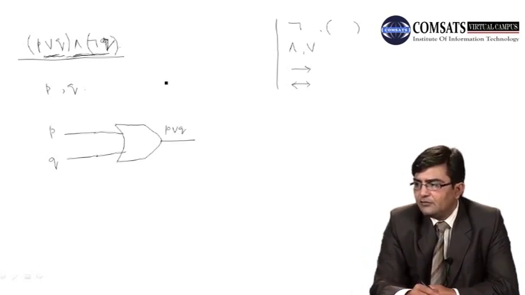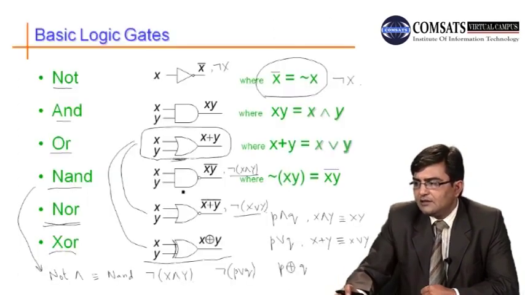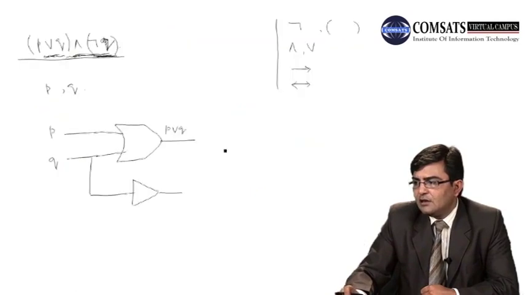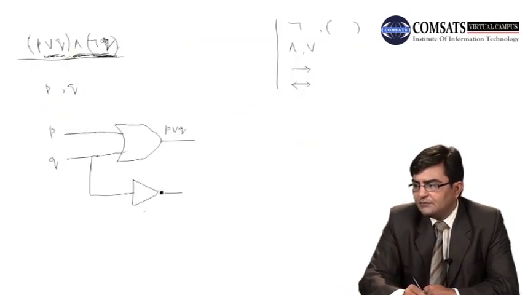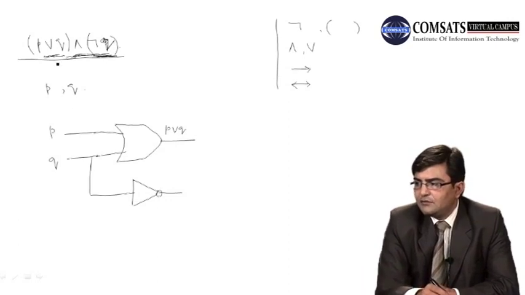Now another we have is NOT Q. Preference is given to the NOT Q, and then we draw another line from here, and we draw a NOT operator here, which is this. The form of the NOT operator is this, whose output has a little circle drawn. Now we have two expressions here which are connected by the AND operator.